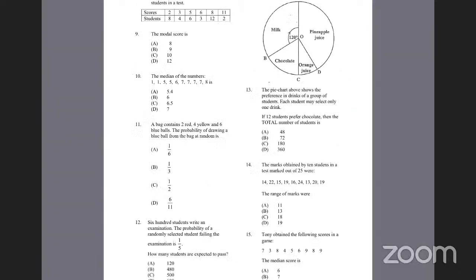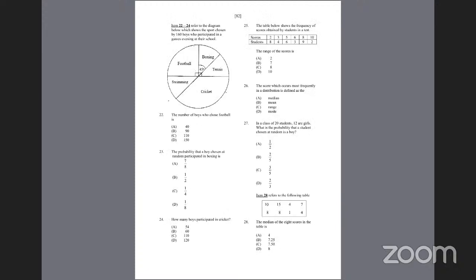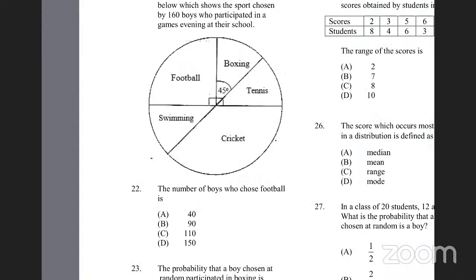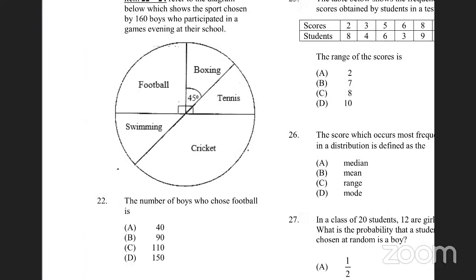Let's go again. I'm gonna give you one more. You'll see a lot of mean and a lot of probability. Try the pie chart here. It's 160 coins, right?